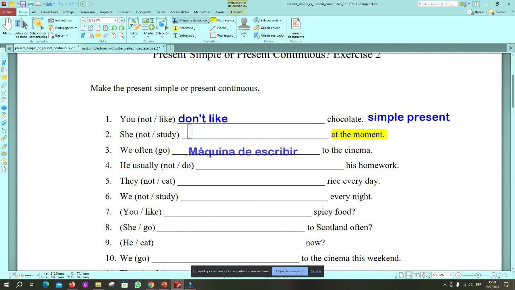So you can say she isn't, or she is not, that will be the same, studying, right? At the moment. So, she isn't or she is not studying at the moment. So this is present continuous, right?